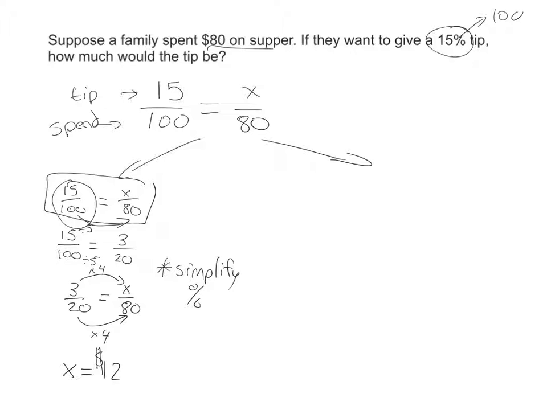The second way you could do this is to work it out a little bit differently. It's figuring out what number 100 times gives us 80, because then I'll multiply the top by the same number. How do I figure that out?